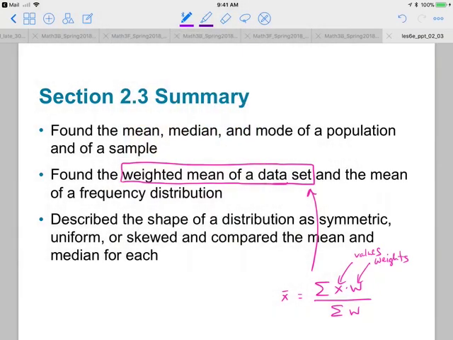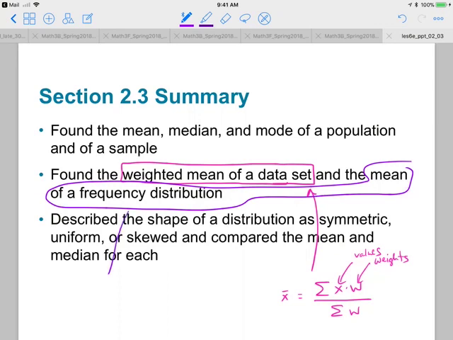Do you remember the formula? It was very similar. The mean of a frequency distribution, x bar, we're approximating it, so x bar is approximately the sum of x times f over the sum of f. Now here, f is a frequency, and x is the midpoint of your class. And then this bottom part is another way to write this, just n, which is the total number of your sample.